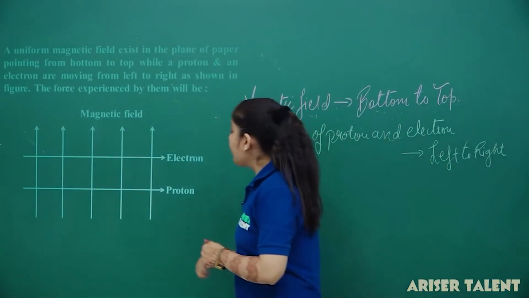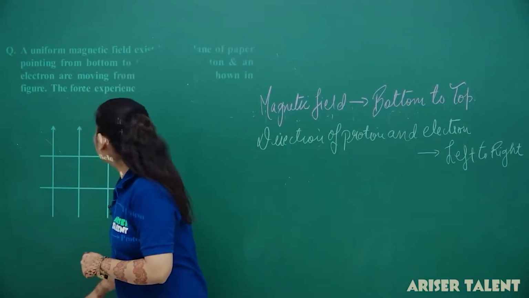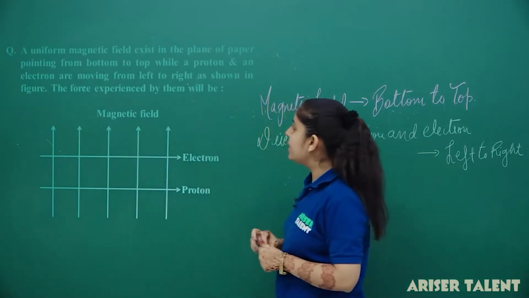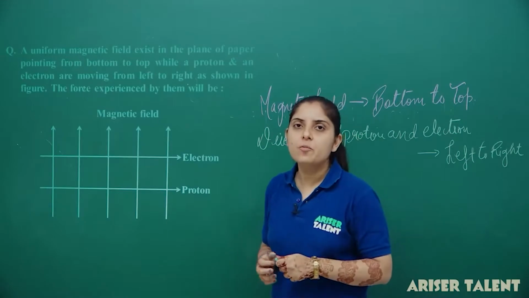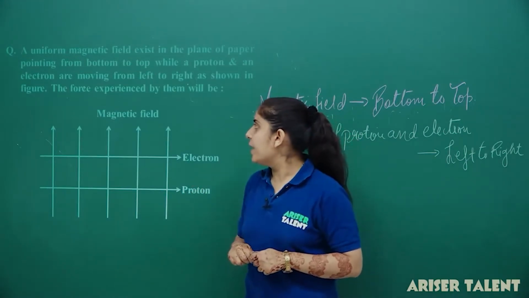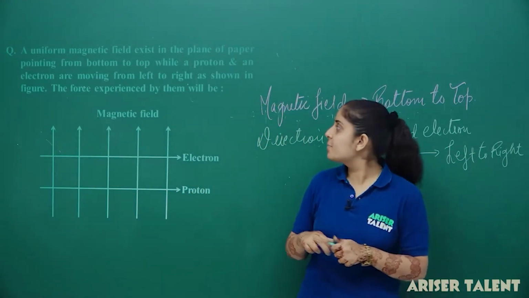So what you have to identify here, let's check the question. You have to identify the force experienced by them. So you are given a direction of electron, direction of proton and the magnetic field lines, and you have to analyze the force experienced by them.